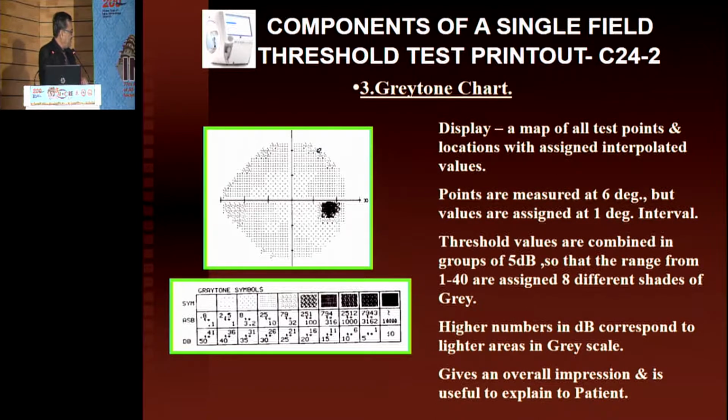If you see here, the brightest light stimulus, when it is perceived by the patient, means the sensitivity is the lowest, and that is the black. Whereas the highest sensitivity value, that means the dimmest light stimulus seen by the patient, is seen as total white. And in between, there are 8 different shades of gray. The better the sensitivity, the brighter the Greytone chart.